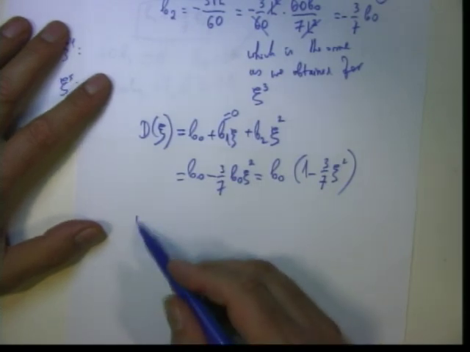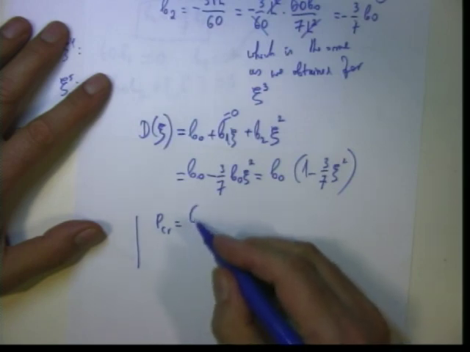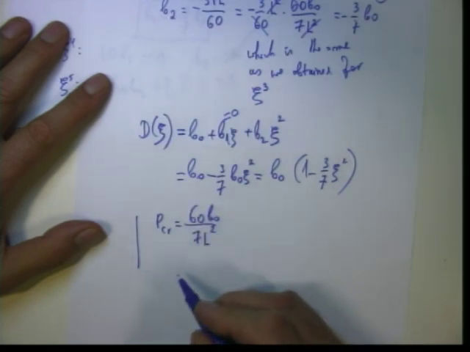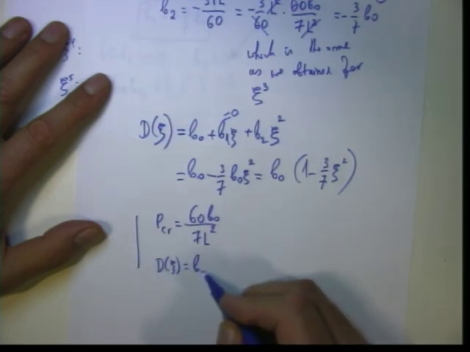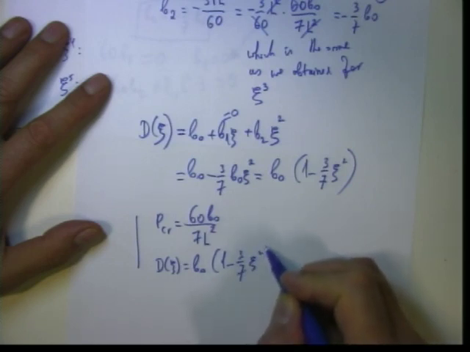So let us summarize. P critical equals 60 B0 over 7L squared, and D of psi equals B0 times 1 minus 3/7 psi squared.